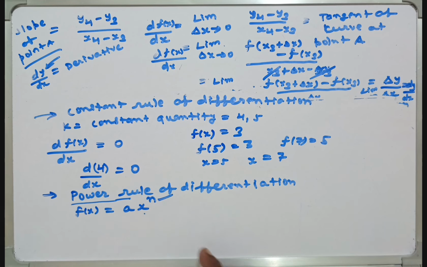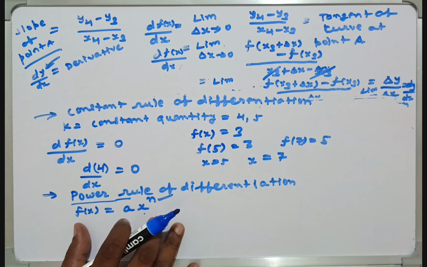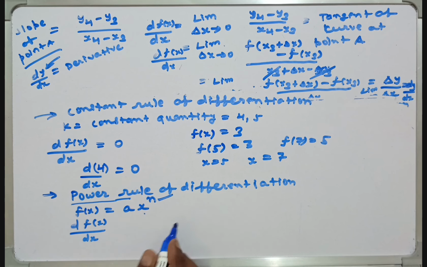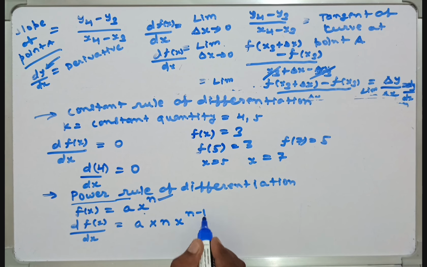Now guys, how to take the differentiation of such a function. In mathematics it has been decided that whenever such a function comes, you can write it as a multiplied by n, times x to the power n minus 1.